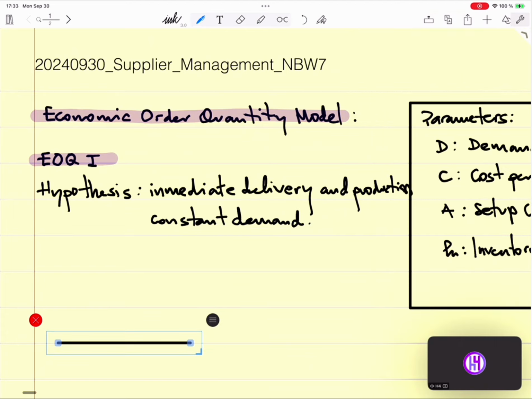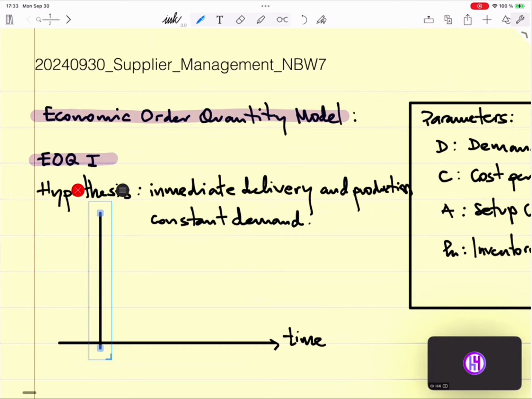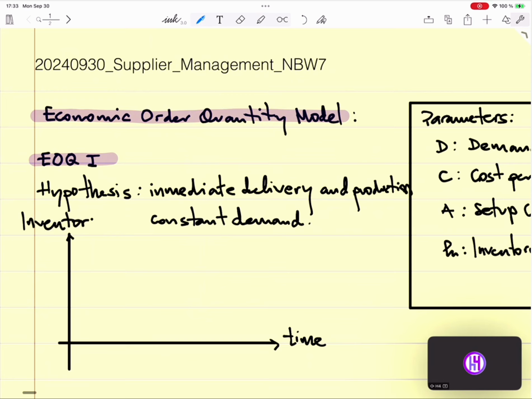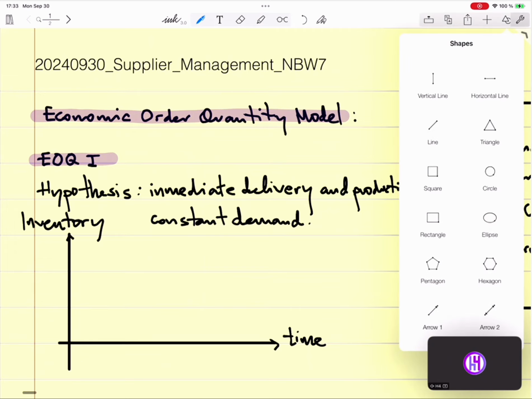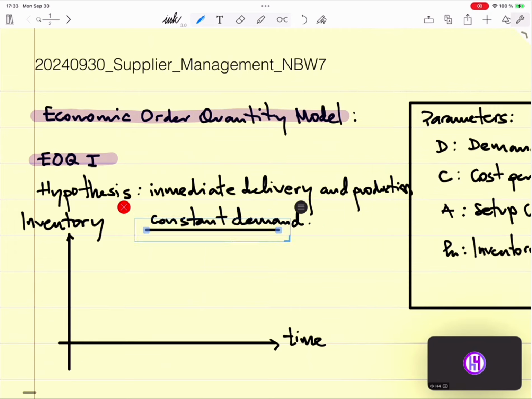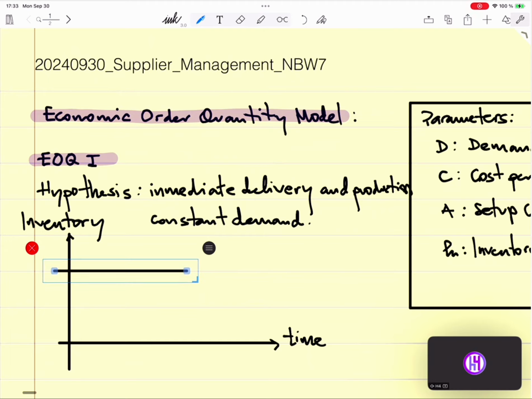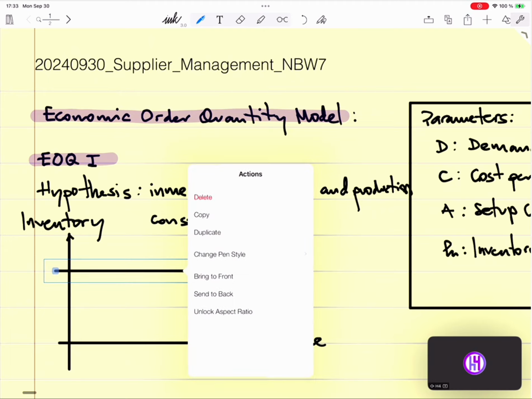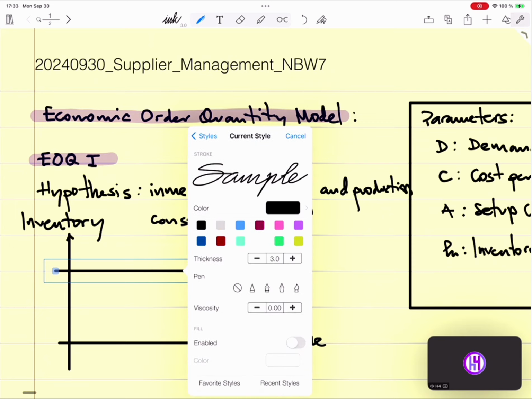So we have our curve. This is the time, and this is the inventory level, okay? And our order quantity is going to be something like this. Let me take this color.